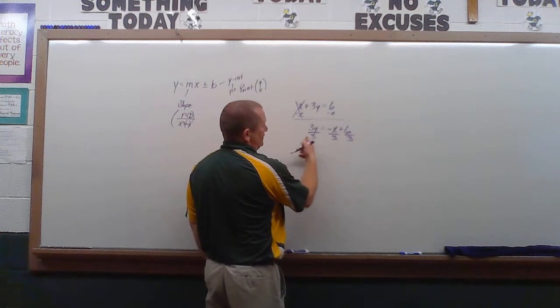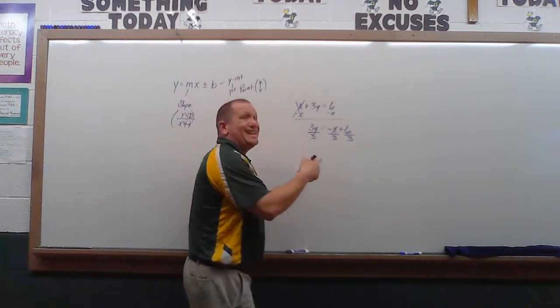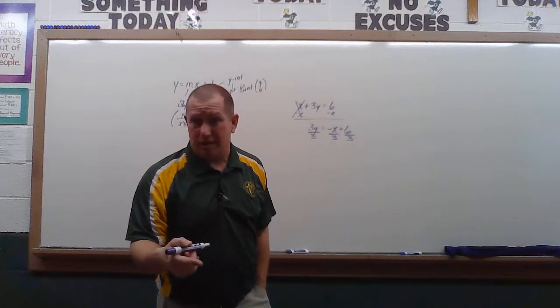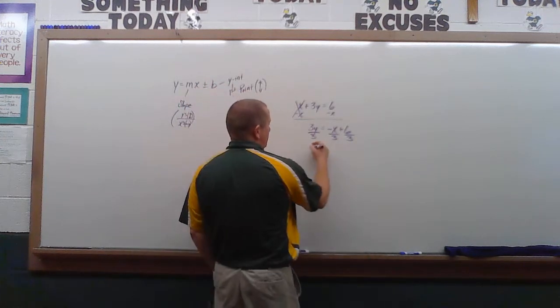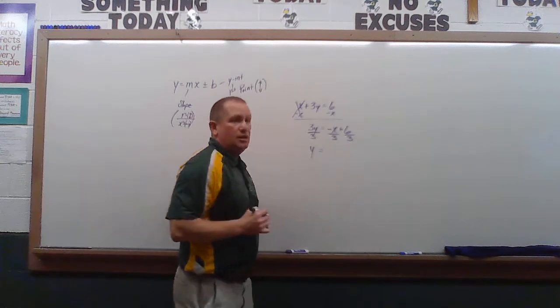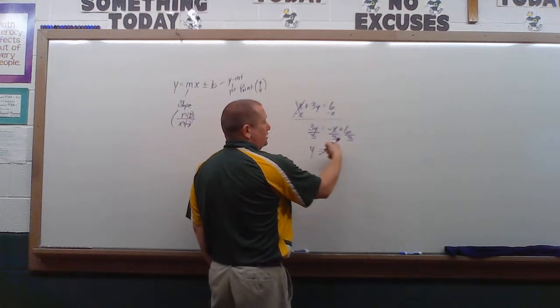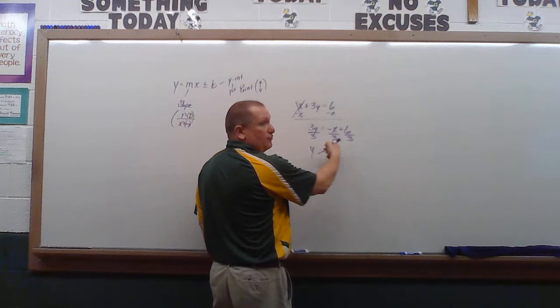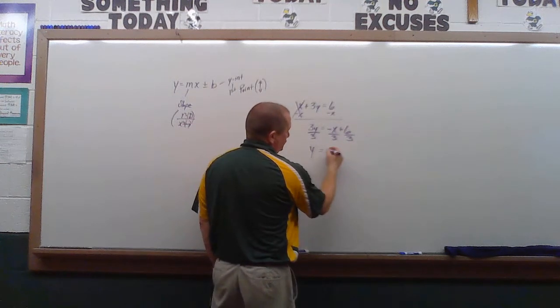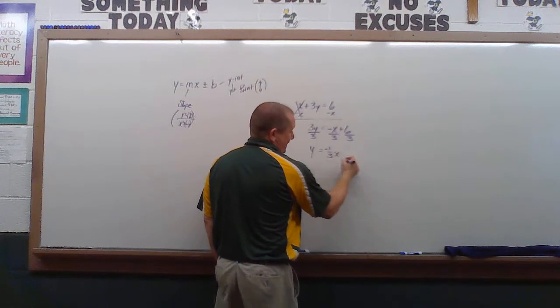Now we simplify. What happens to my 3's here? When they cancel out in division, we get 1, right? So we end up with 1y, or just y. The next part, we want to include that number as my fraction for my slope, so we actually have negative 1/3 x.